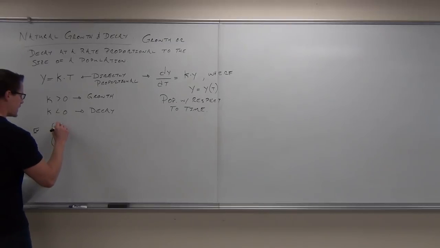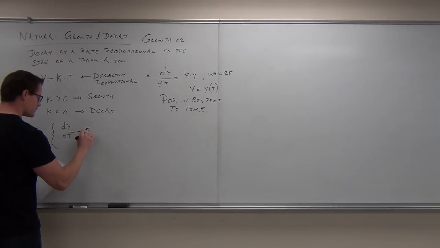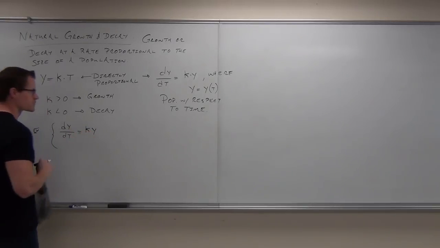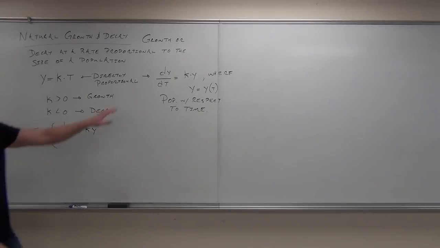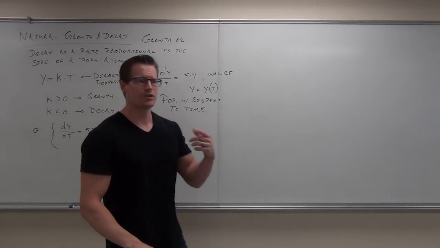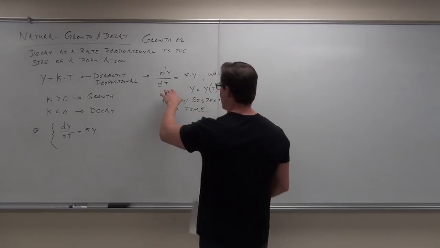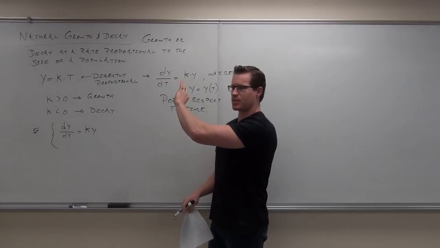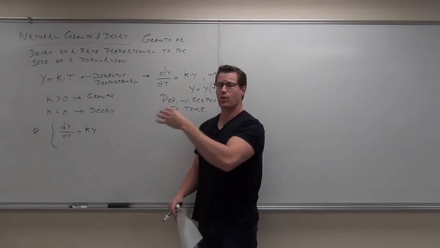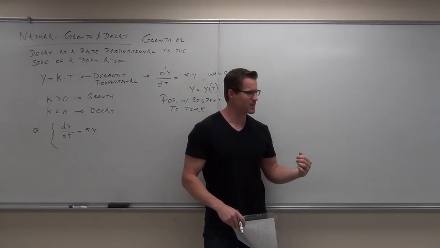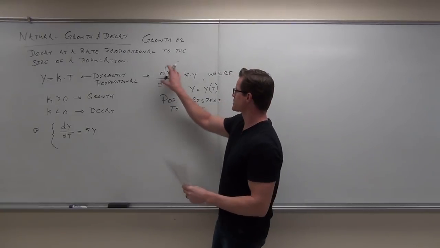So let's say that we have this very basic differential equation that we started with right here. k times y. Well, that's this. What we know is that a derivative of y with respect to time right now is going to be the rate at which our population is changing, either growing or decreasing, decaying. Does that make sense to you guys? So we're going to start with this differential equation.